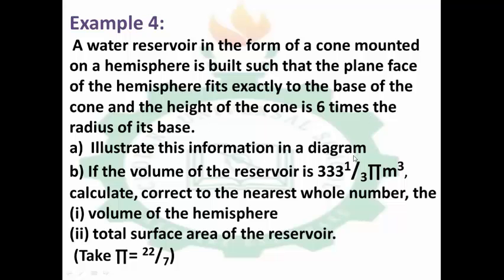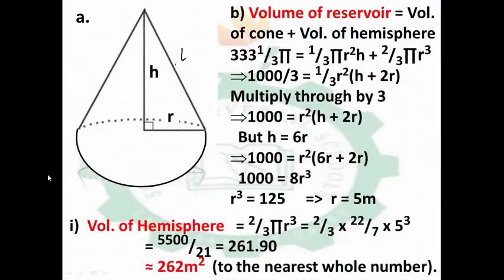Now this is the diagram. So this is the reservoir in the form of a cone and a hemisphere. Now this cone is mounted on this hemisphere, and the base of the cone fits exactly on the hemisphere. So the volume of this reservoir is going to be volume of the cone plus volume of the hemisphere.